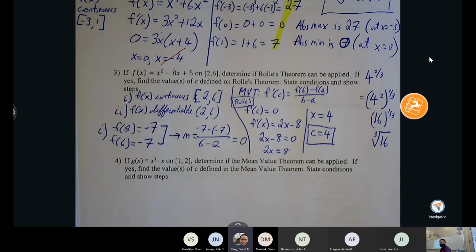All right, any questions with Rolle's theorem? All right, mean value theorem.